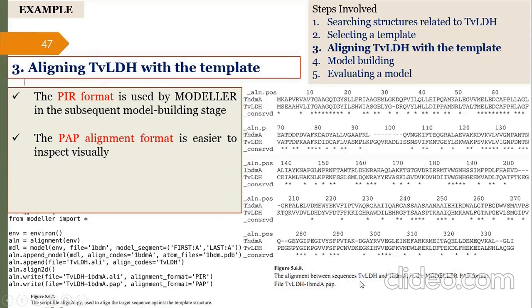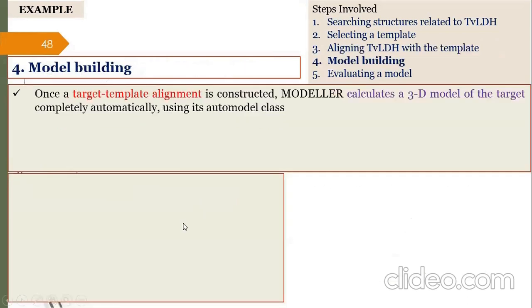This is the alignment between sequences TVLDH and 1BDMA in the PAP format, and you can understand this alignment. This is for our visual inspection. In the PAP format, all identical positions are marked with an asterisk. You know this better than me.